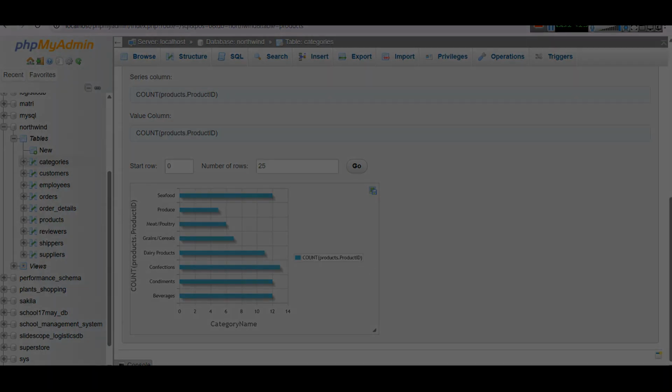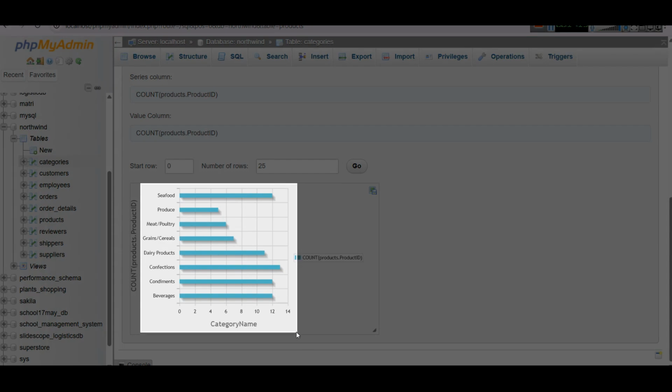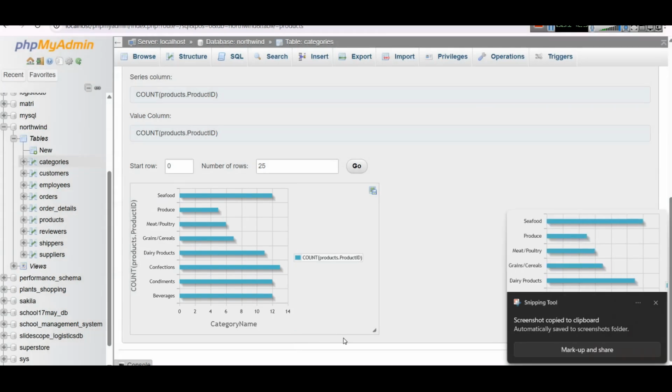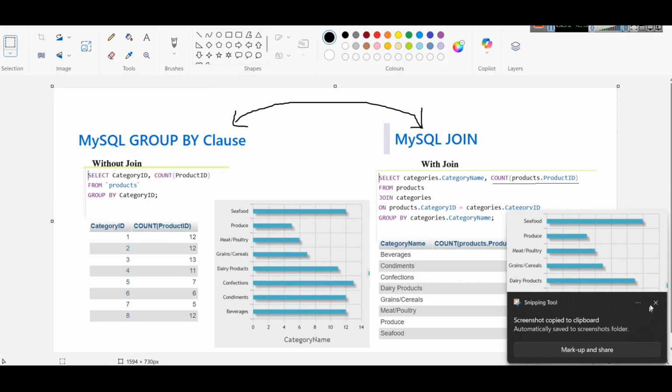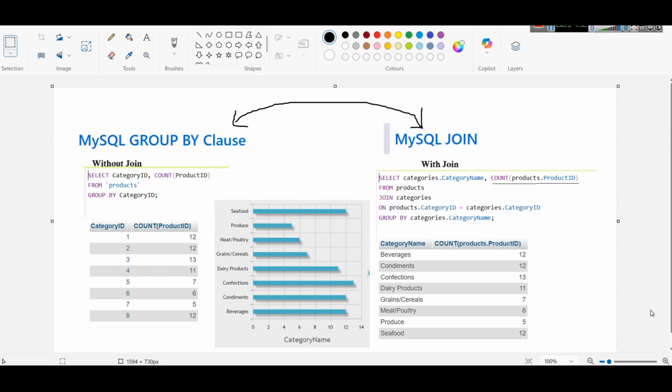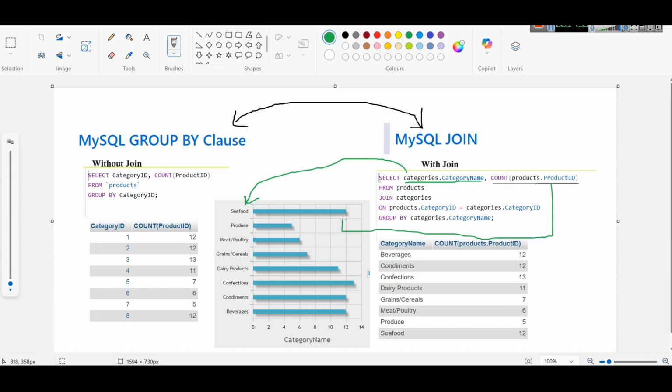We can take a screenshot of this also, because this is what group by means: we are grouping products on the basis of their category name. You can see categories dot category name over here, and whatever values appear there and the count value appear here.